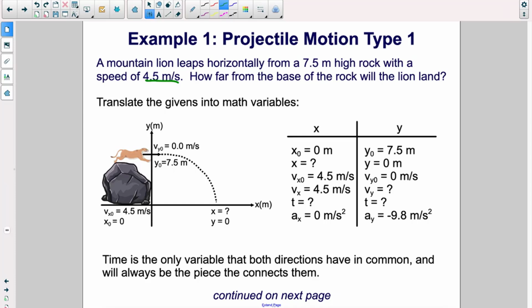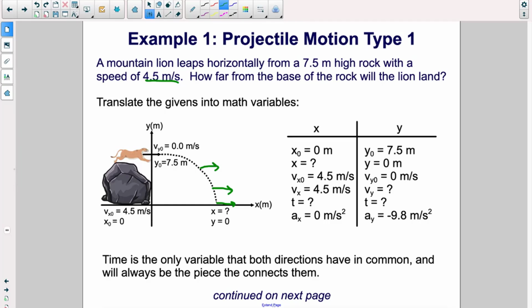As you know, over here we have gravity pulling down. Over here there's no forces pulling left or right, therefore there's no acceleration. And therefore, the final velocity in the x dimension will still be 4.5 meters per second. So as this lion jumps, there's still going to be that constant horizontal velocity of 4.5 meters per second.